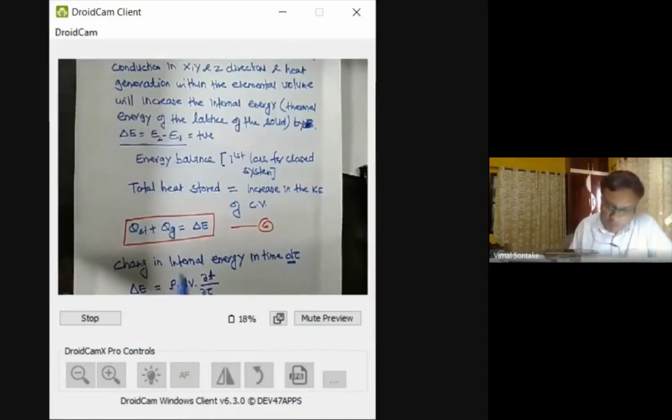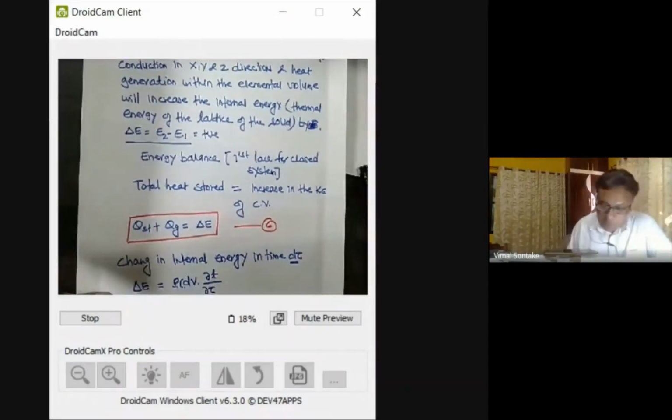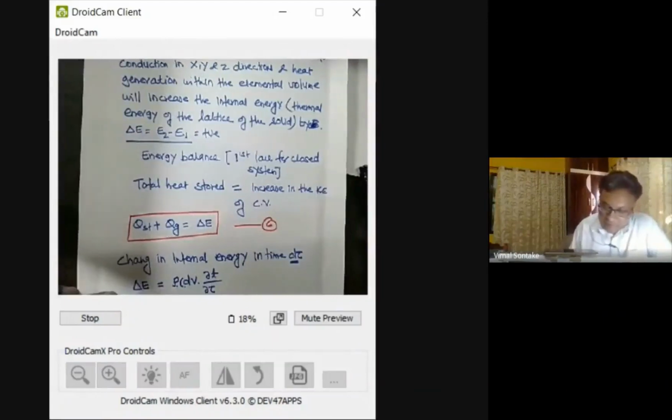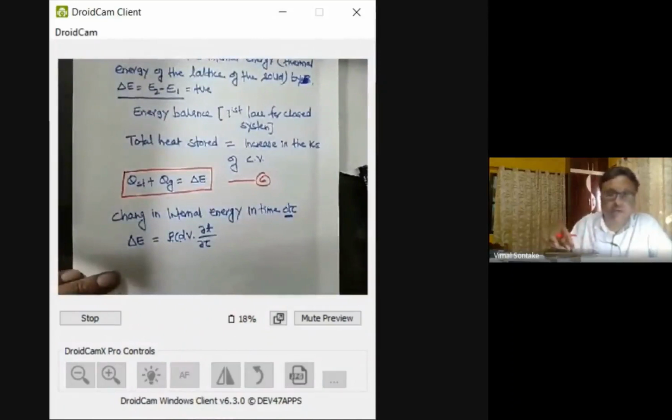So it will be rho into, sorry, here C will also be there, rho into C into dV into del T over del tau. Now from where this equation is coming? In thermodynamics, we have come across this expression.